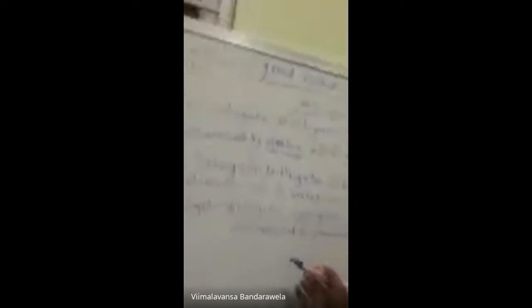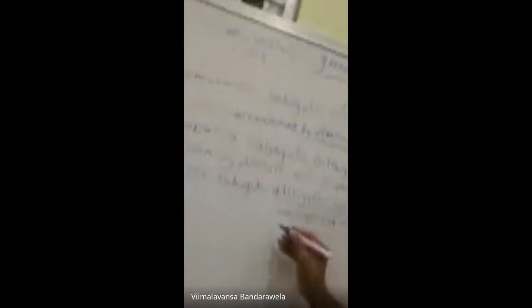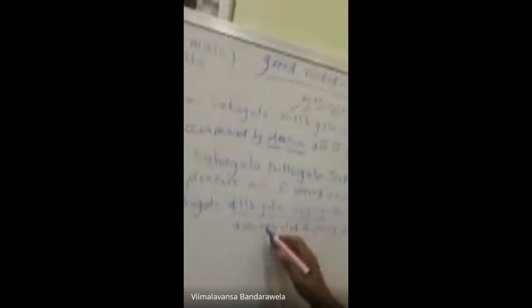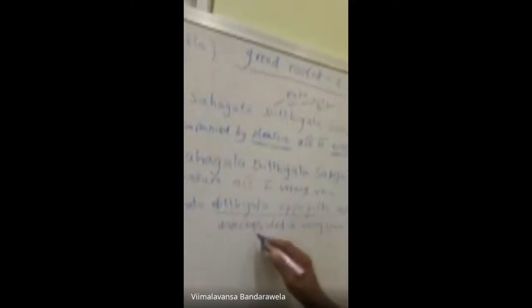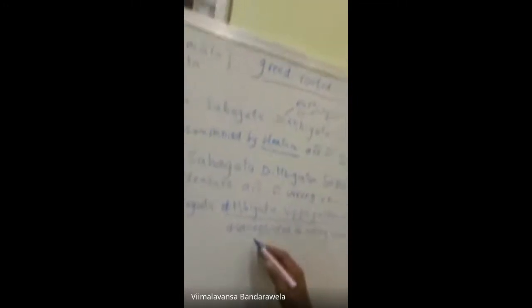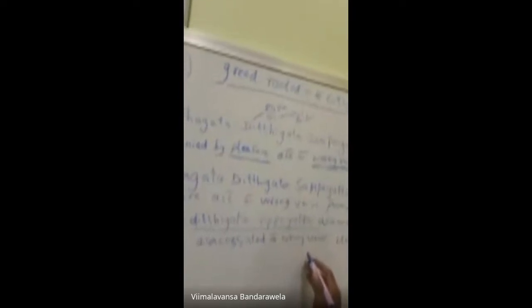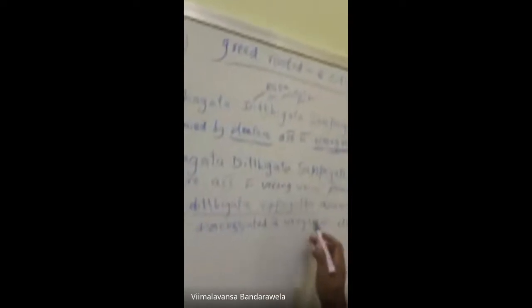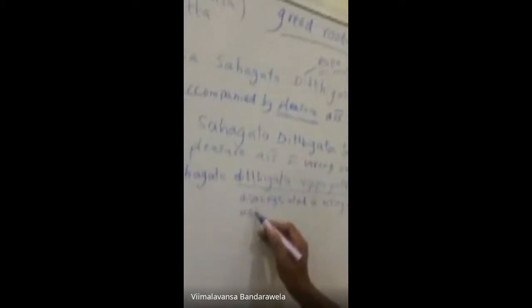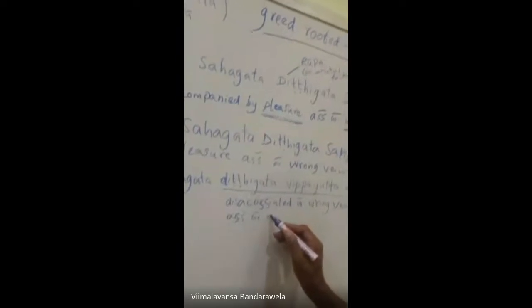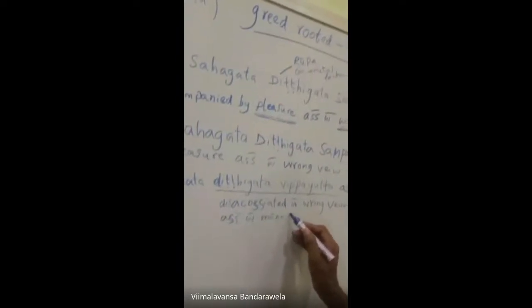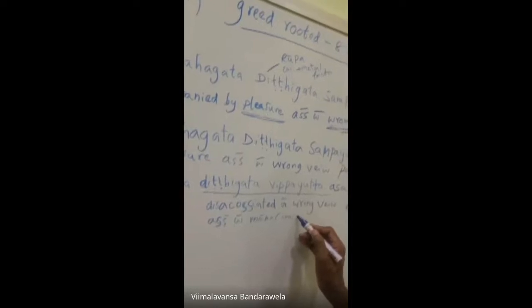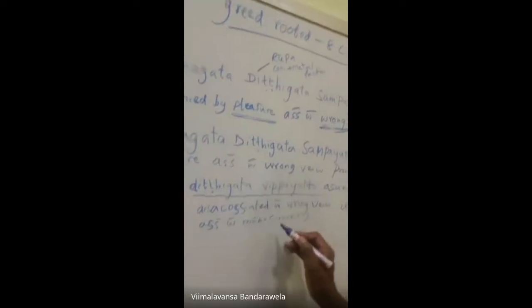Mana means conceit or pride. So Ditthigata Vipayutta means dissociated with wrong view, associated with conceit. Please write down: dissociated with wrong view means it is associated with mana. Mana means conceit.